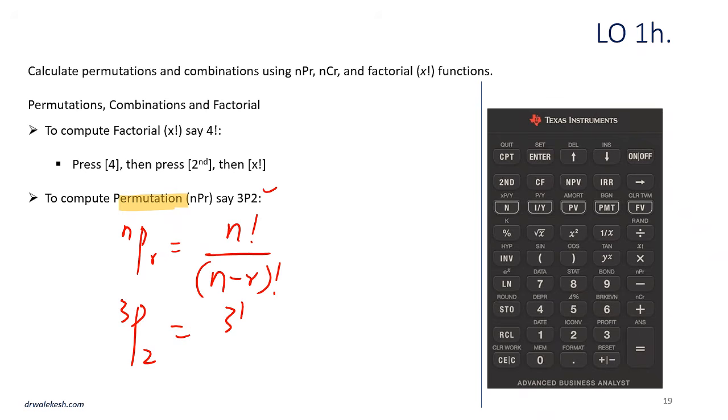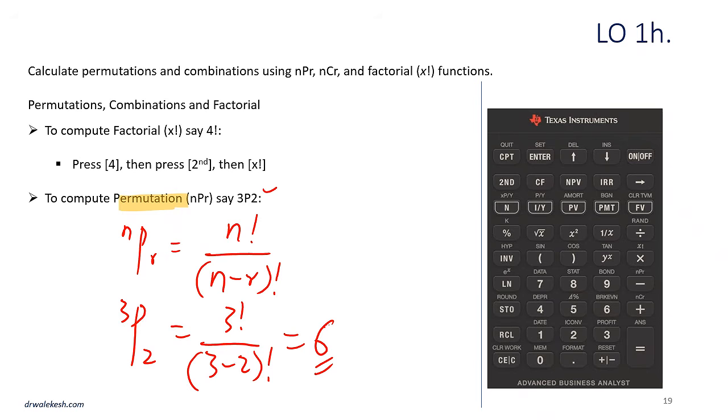That will be 3 factorial all over 3 minus 2 factorial. Solving for this, it would be 6 as our answer.